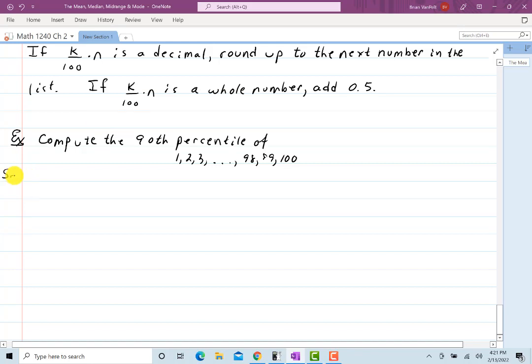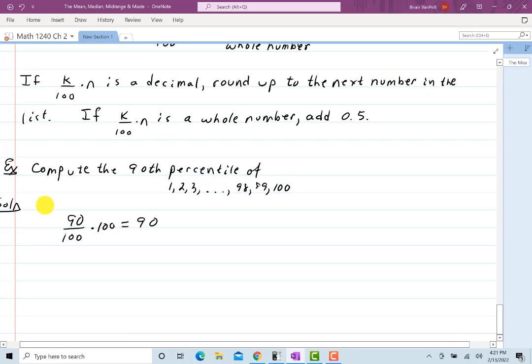We want to do 90 divided by 100 and multiply it by the total number of numbers. So that's 90. Since it's a whole number, we add 0.5. So we have 90 plus 0.5 equals 90.5.